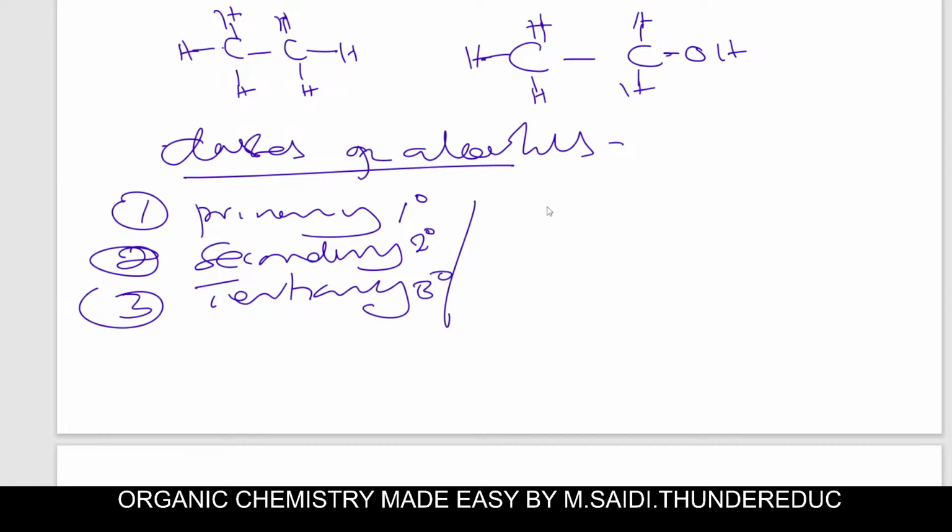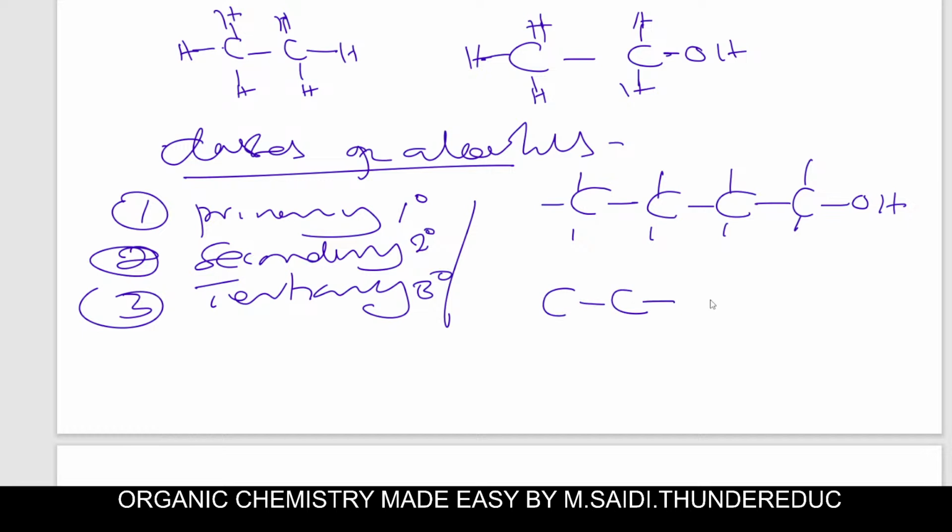All right, so now I have one carbon atom, two carbon atoms, three carbon atoms, four carbon atoms, and the OH. I have the second example: one carbon atom, two carbon atoms, and then three carbon atoms.